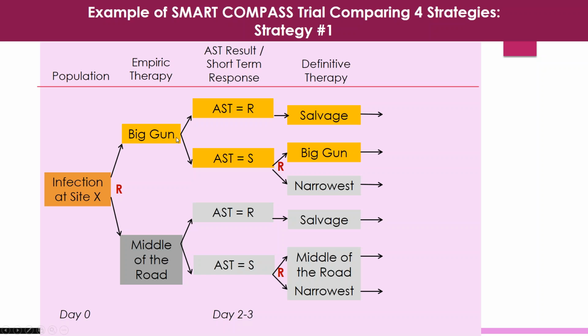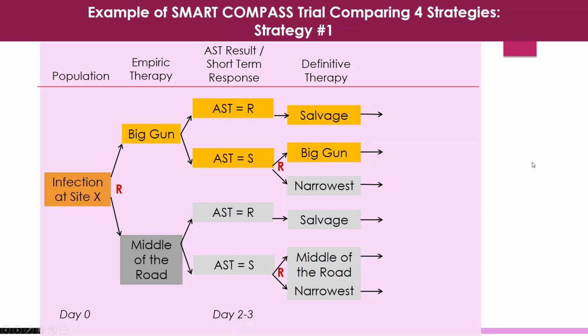We've started with it empirically. We now know the organism is susceptible to that very broad spectrum antibiotic, and we keep going with that choice. Now, also involved in that situation is that no antibiotic choice is perfect, and we may have resistance, and we could potentially have an opportunity to compare at this point, even though I haven't illustrated it here, different salvage options.